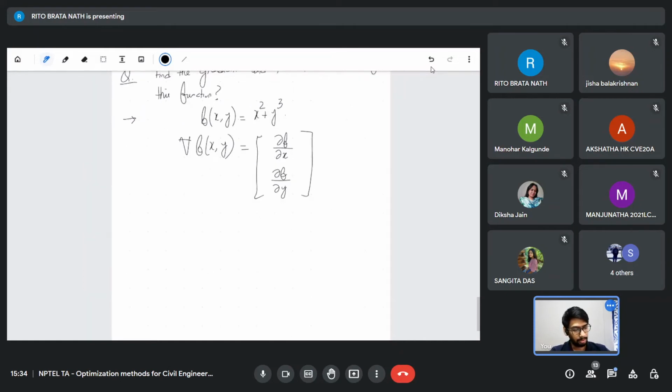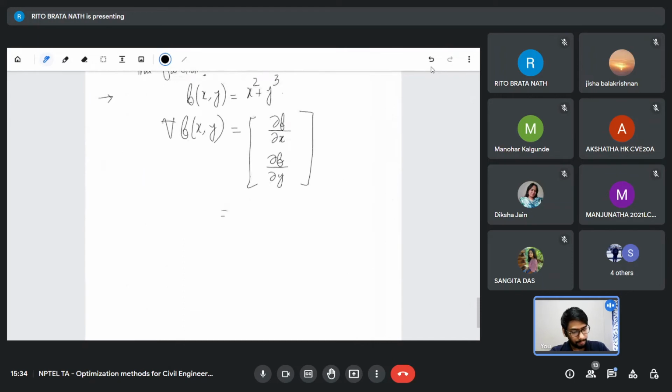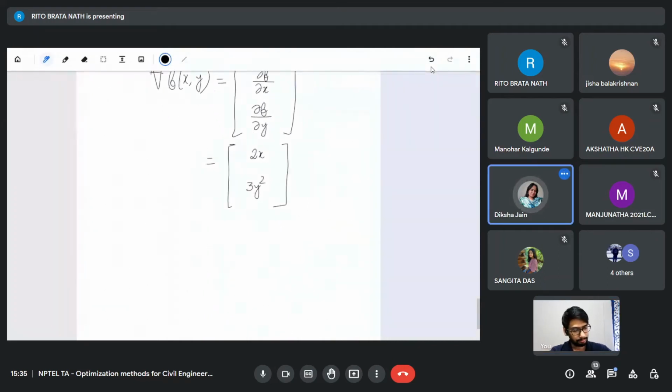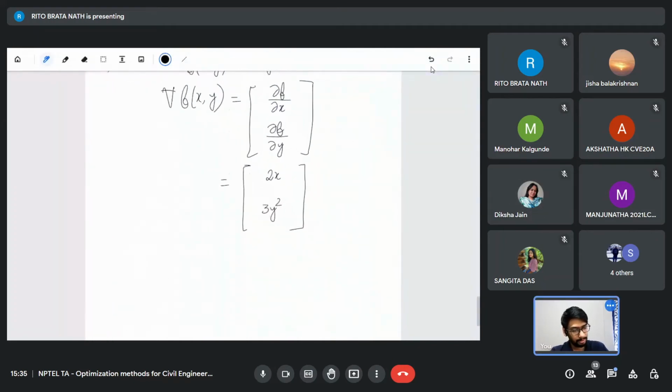So now after this, can anyone tell me what goes here and what goes here for this function x squared plus y cube? You can unmute and answer again. Anyone? Yeah, that's correct. Okay, so this is fine. Now, let's write the expression of the Hessian matrix.